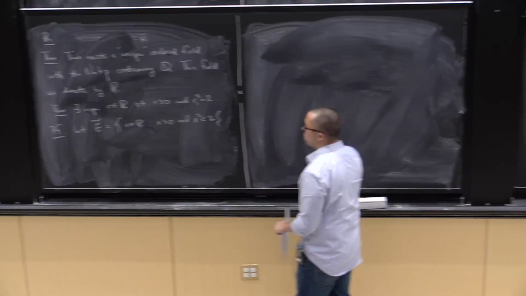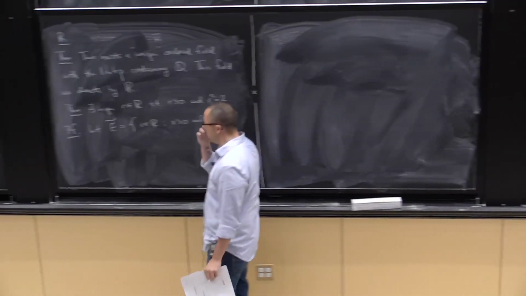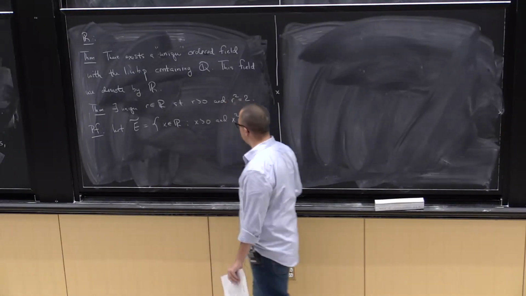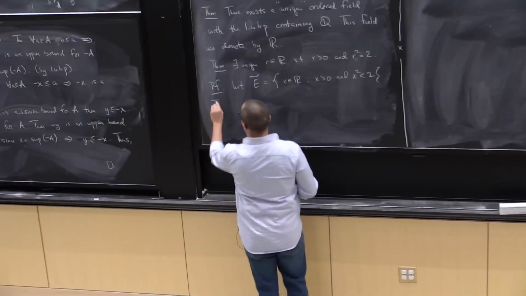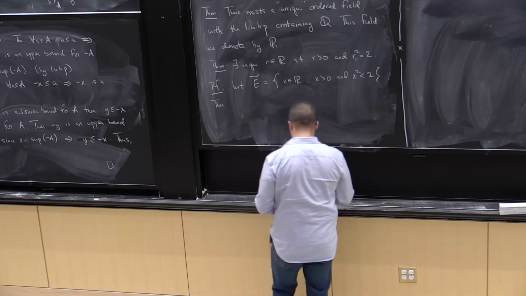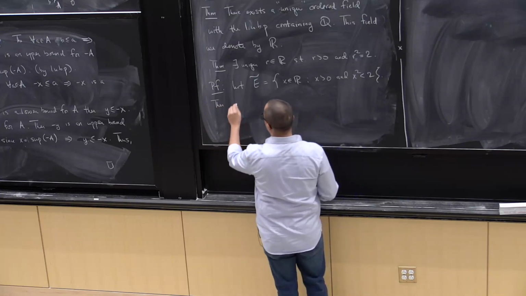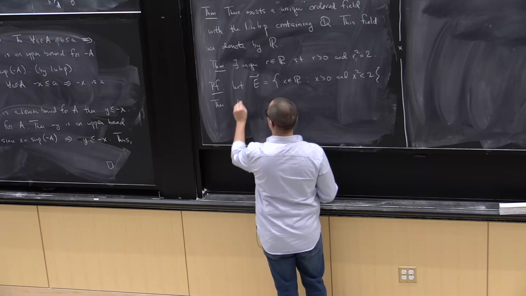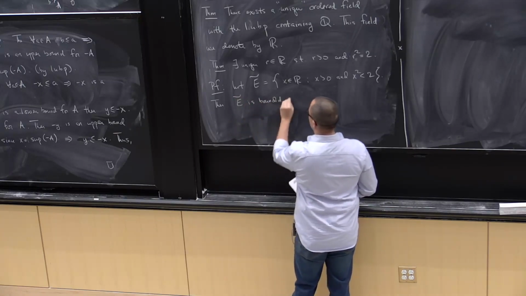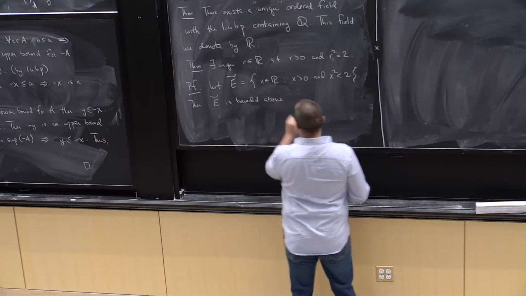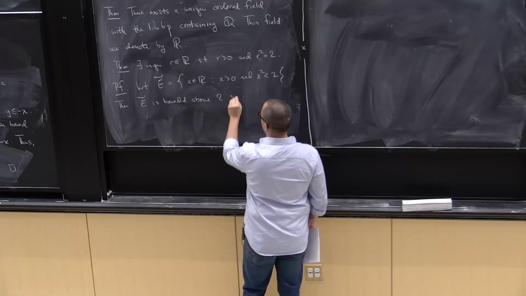So earlier in the lecture and at the end of the last lecture, we had Q here, right? Well, the same proof, basically, and what we did earlier, then E is bounded above by 2.